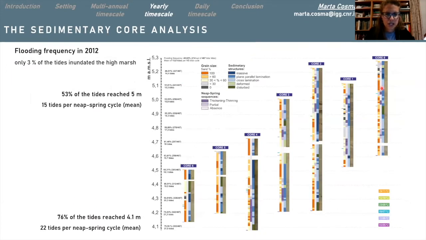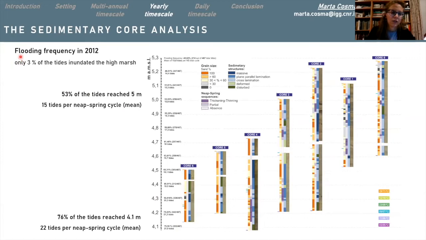So these are all the cores collected along the bar with different elevations with respect to the mean sea level. This is just to give you an idea about how much these kinds of deposits were flooded by the tides.